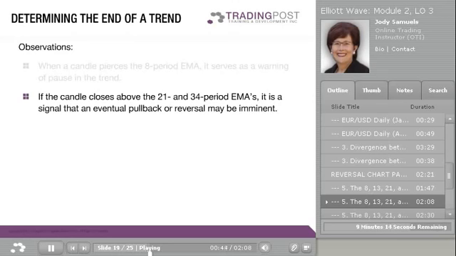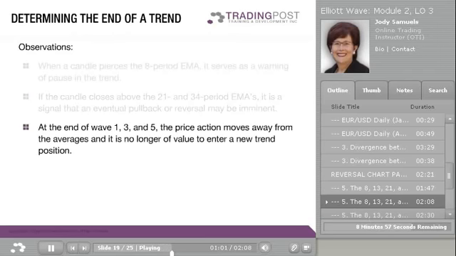If, however, this crossover occurs at the end of a wave 3, it might also be time to exit in the case of a prolonged wave 4 correction. Another observation is how the price action hugs the moving averages. Notice that at the end of the wave 1, 3, and 5, the price action moves away from the averages in an impulsive frenzy.